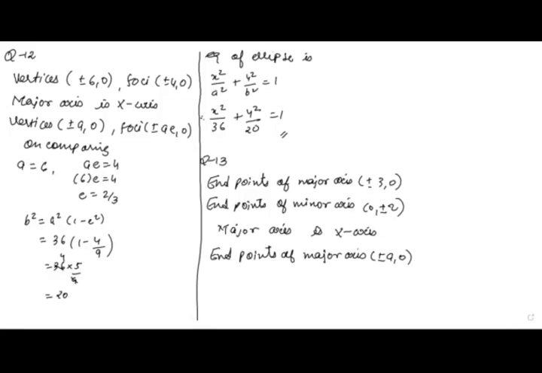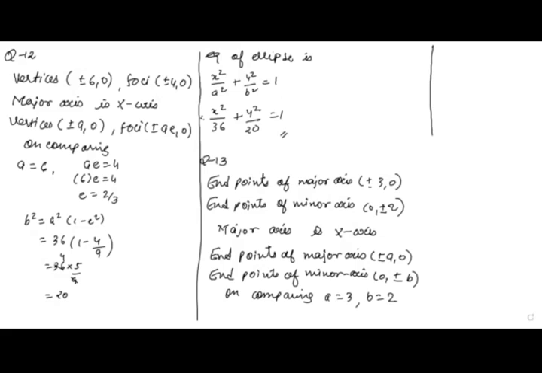Alternatively, these are called vertices, and the endpoints of minor axis are 0 comma plus minus b. So definitely on comparing I will get the value of a and b. I will get a as 3 and the value of b is 2.